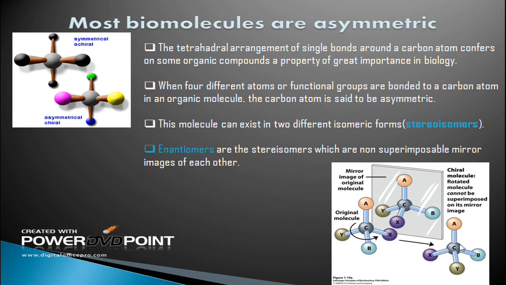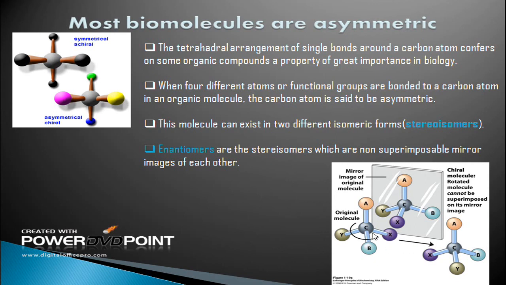Here, if we rotate these 2 groups around the carbon atom, we find that these 2 are non-superimposable mirror images of each other. So these 2 are enantiomers of each other, and they are non-superimposable.